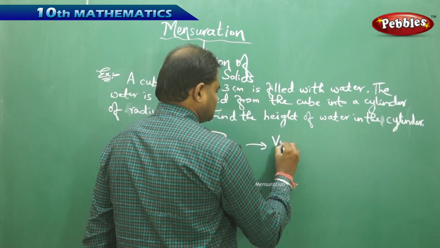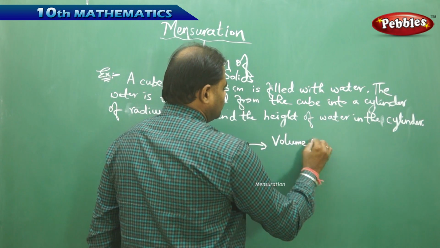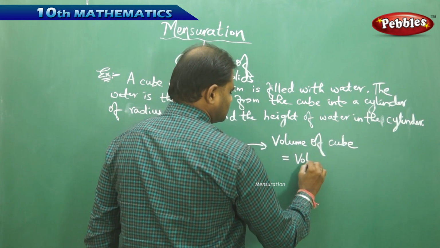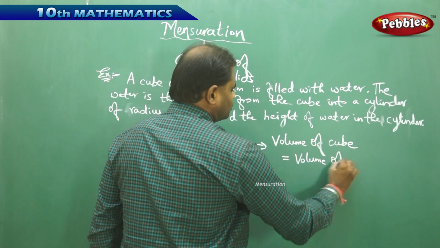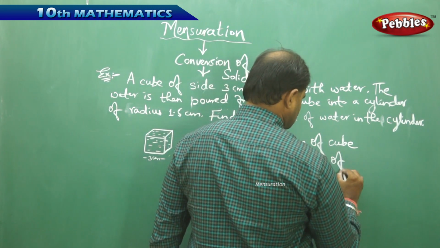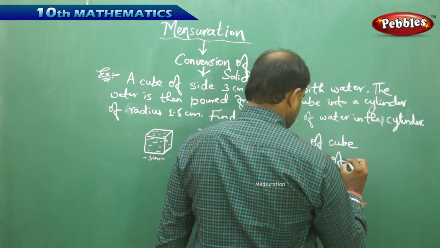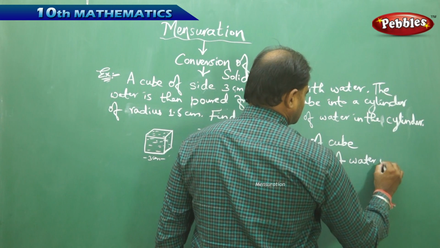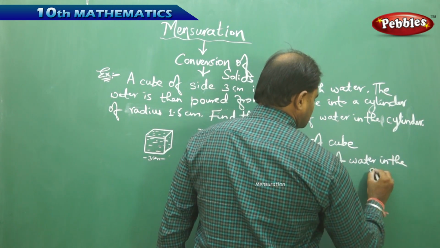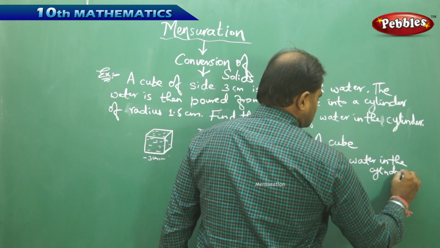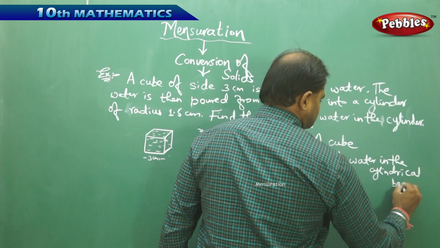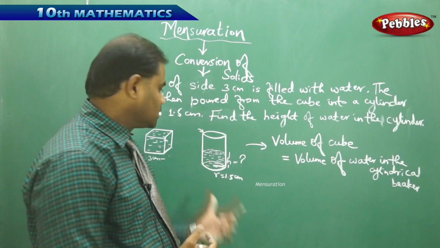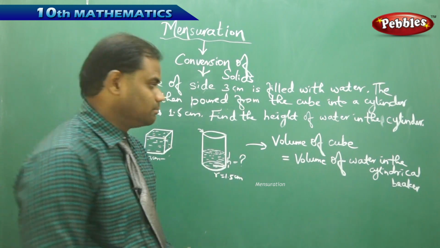Therefore, here I have volume of cube is equal to volume of water in the cylindrical beaker. This is how we visualize when the same water is poured inside the cylindrical beaker.